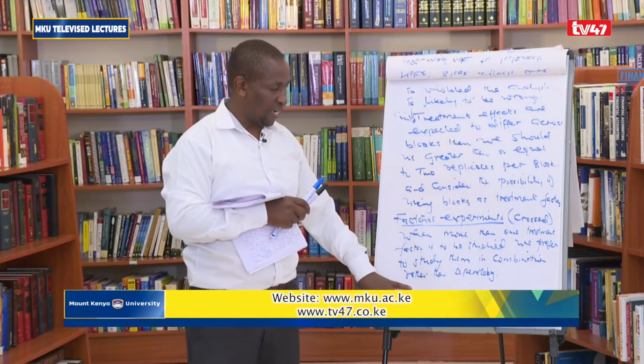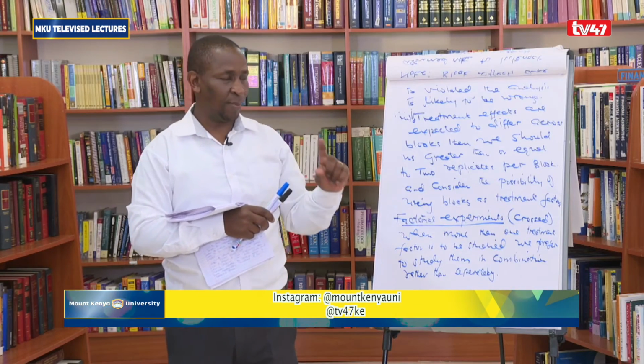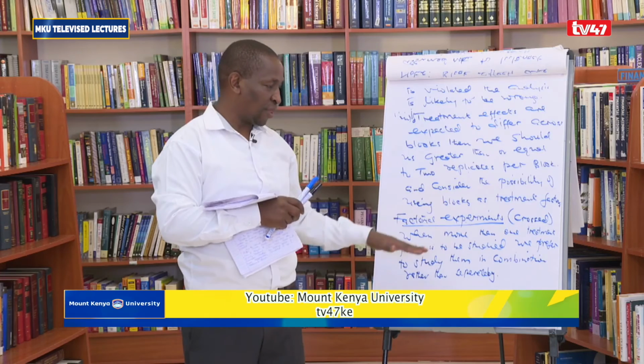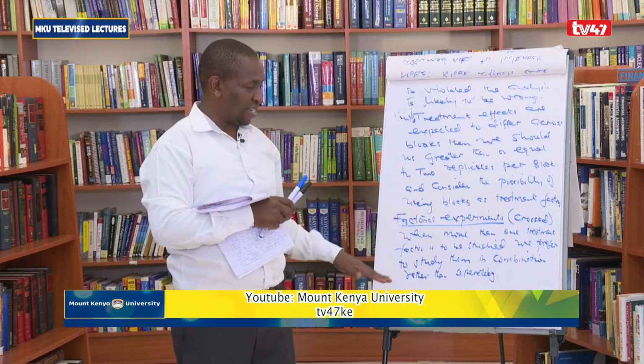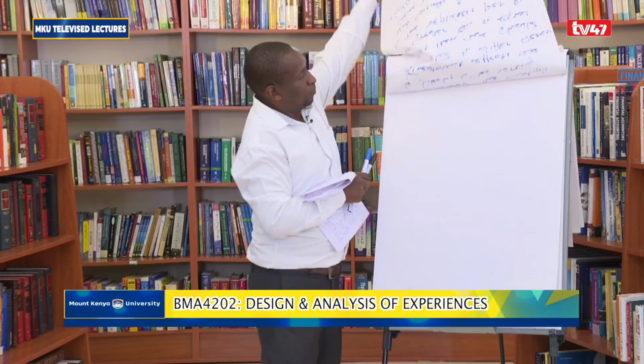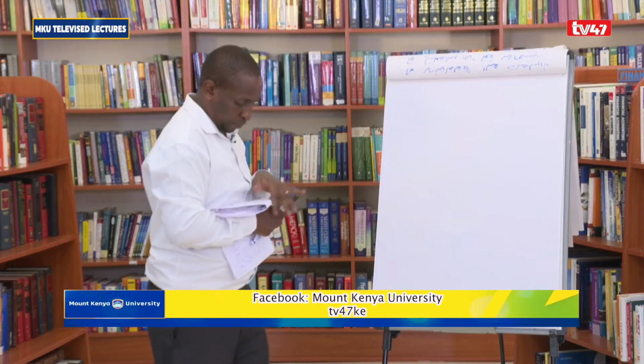Then, instead of studying 1 factor at a time, we can study the 3 factors, or even more than 3 factors, at various levels. That is what we call a factorial experiment or closed experiment.